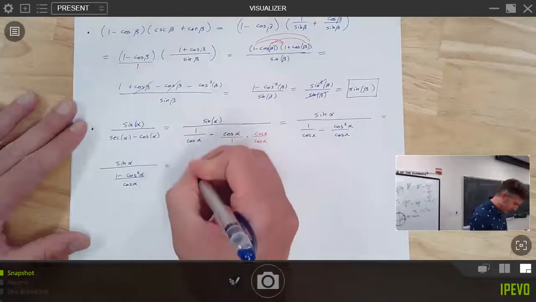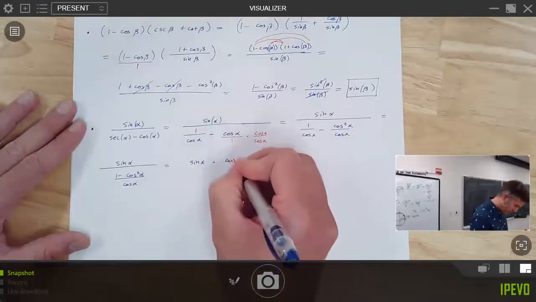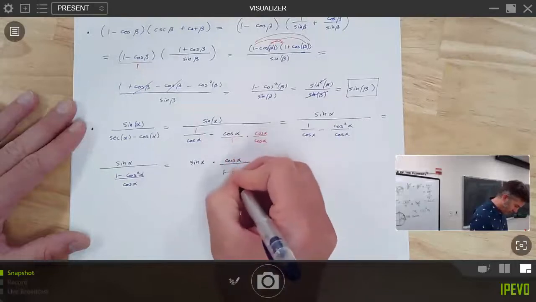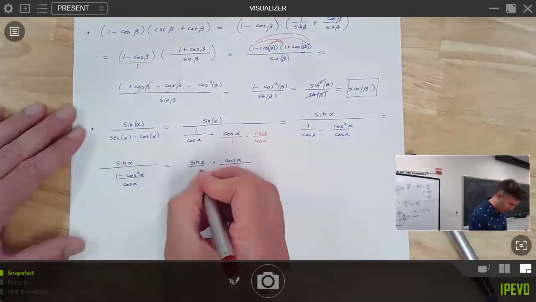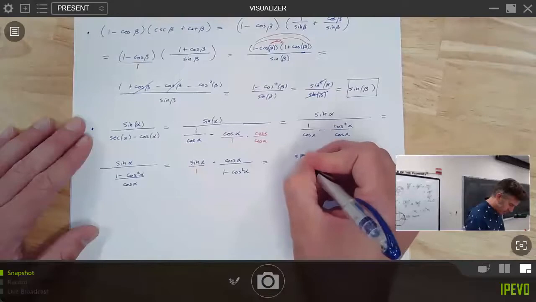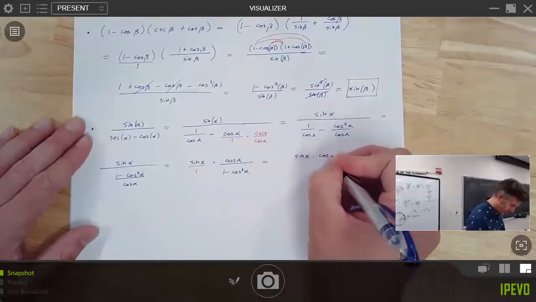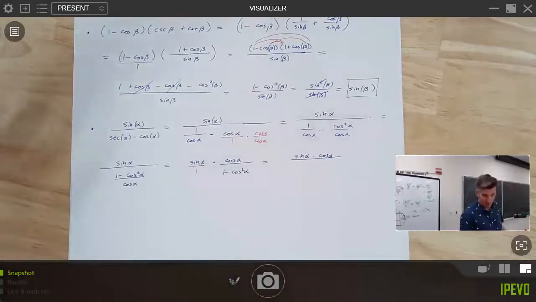So I'm going to write this as sine of alpha times cosine of alpha over 1 minus cosine squared of alpha. And again, I remind you that sine of alpha is really sine of alpha over 1. So I could write this as sine of alpha times cosine of alpha divided by 1 times anything, which is just the anything.